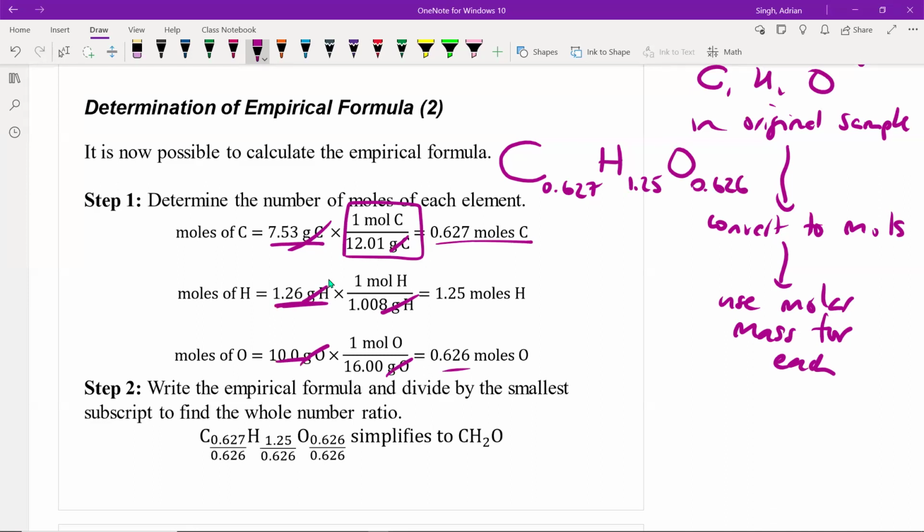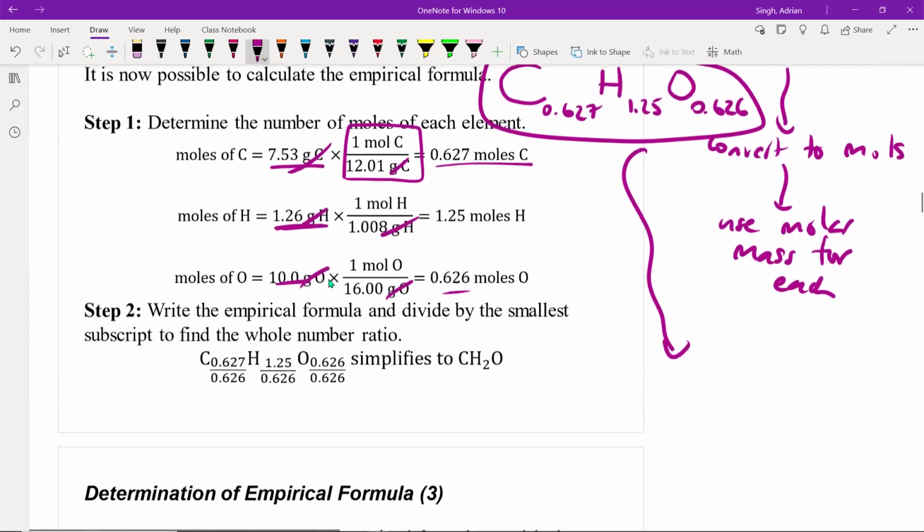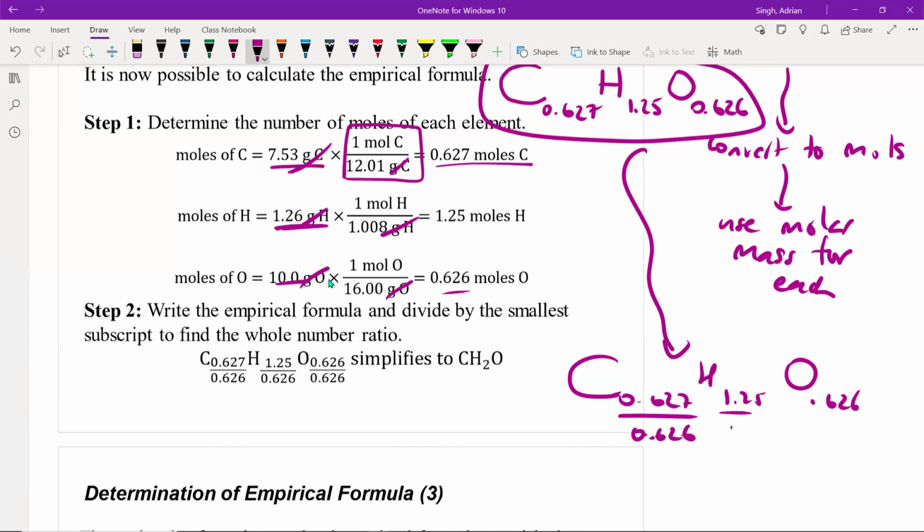Okay, so I have my rudimentary chemical formula. Let's rewrite that. I have C 0.627, H 1.25, and then O 0.626. I'm going to divide all of these by the smaller of the numbers, which is 0.626. Divide all of them by 0.626.